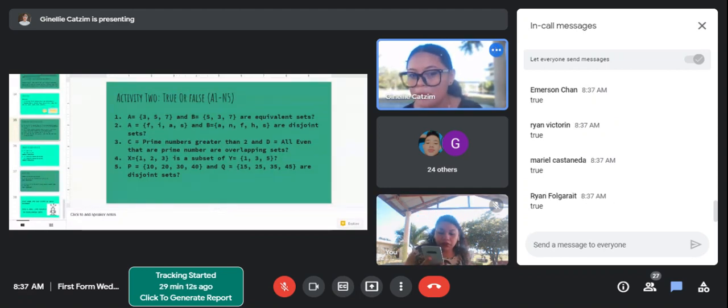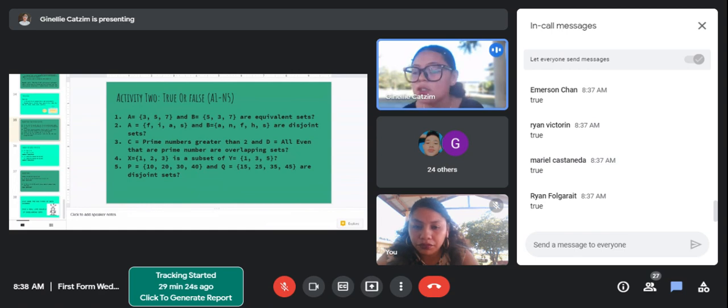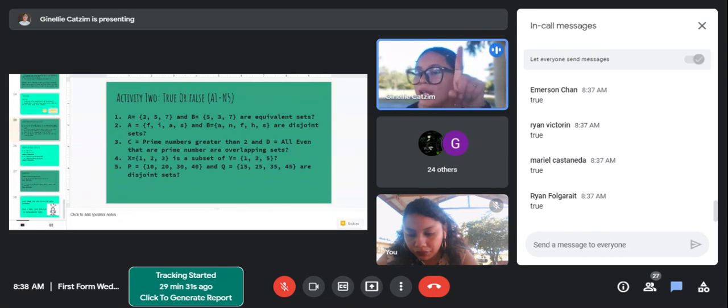And prime numbers are only divisible by 1 and itself, right? Looking at set D, all even numbers that are prime, in set C we cannot include 2 because it says greater than 2. It doesn't say greater or equal, right? We start counting from 3: 3, 5, 7, and so on, the list of prime numbers.